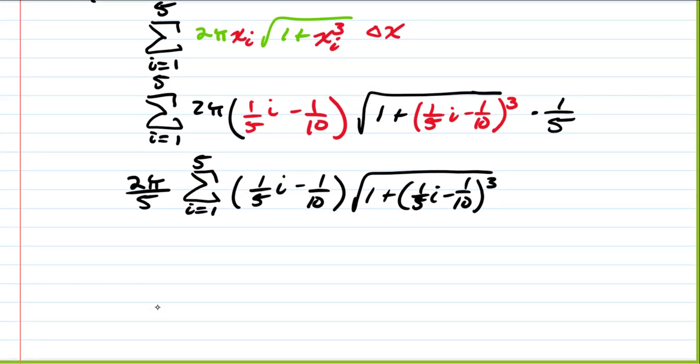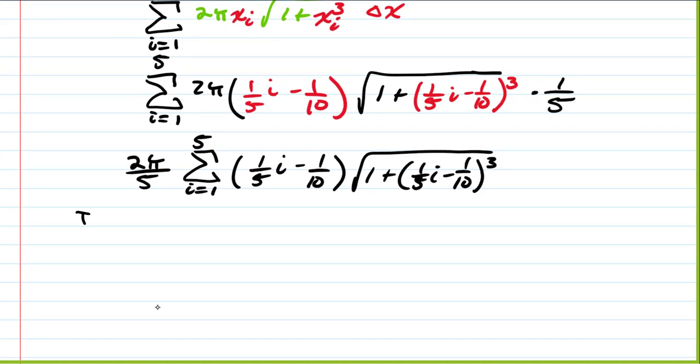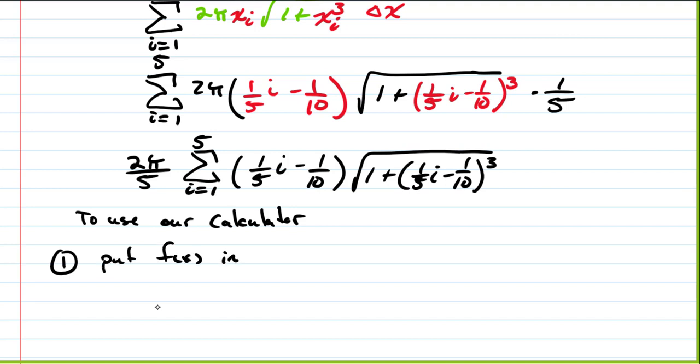So to use our calculator, step 1, we're going to put f of x in y1, which we already did.